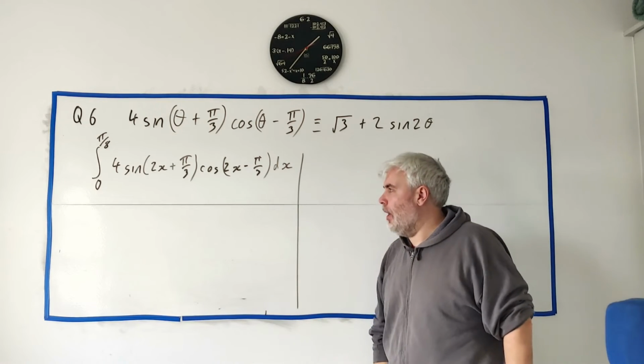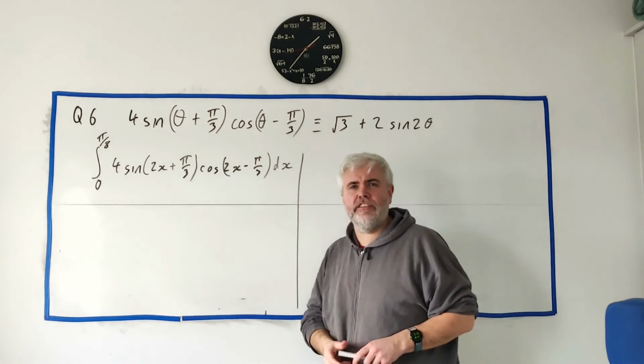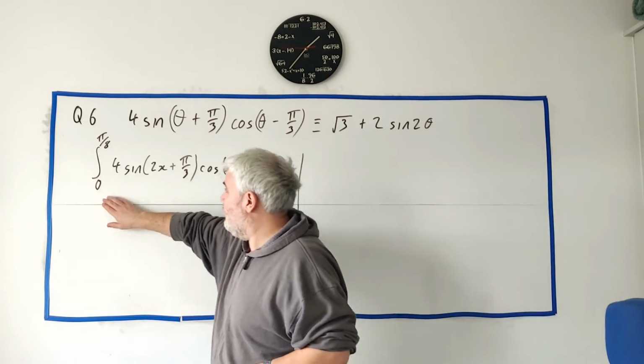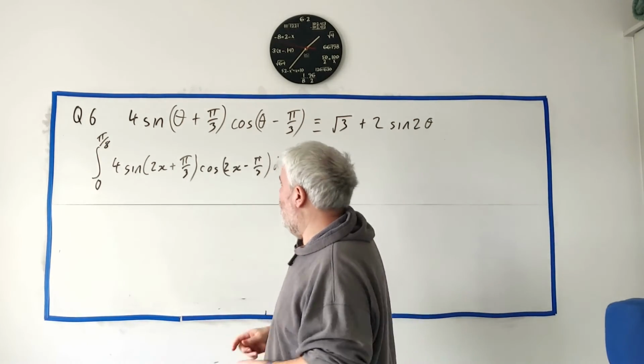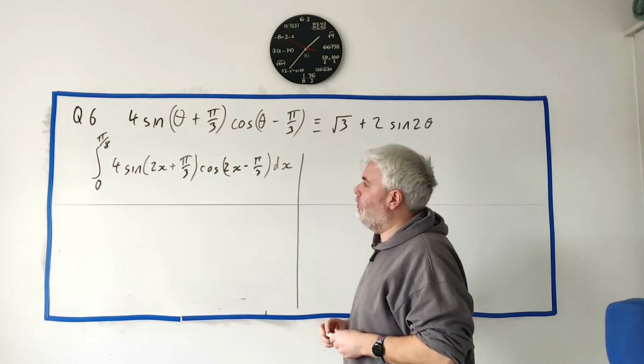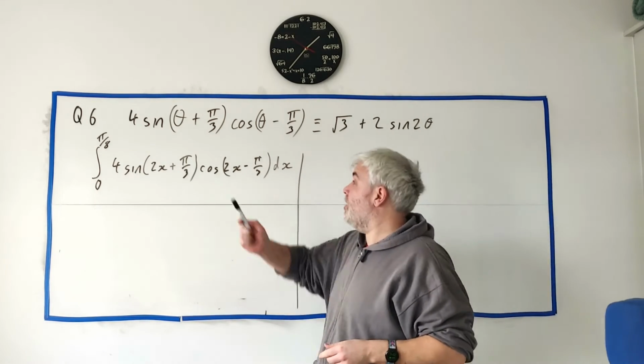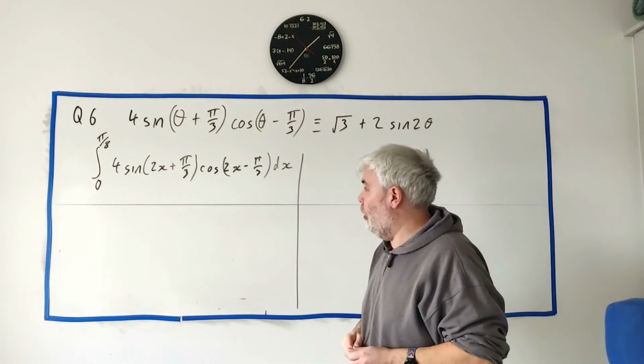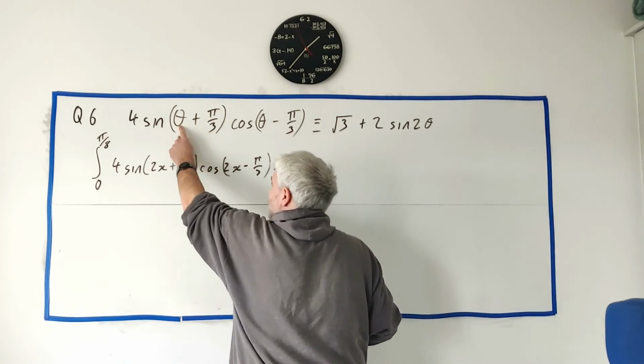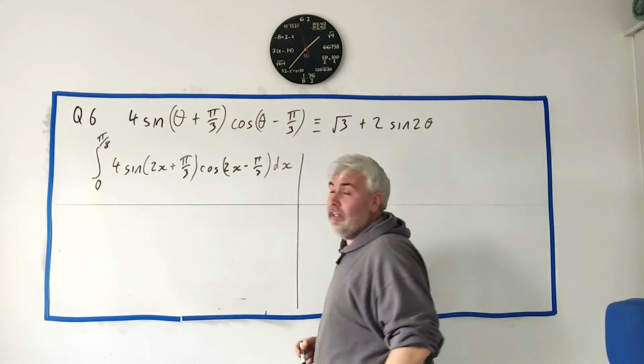Okay, in part C, they give us this integral, integrate between 0 and pi over 8 of this trigonometric function here that should look very similar to the one we've dealt with all along. Instead of theta, we have 2x. That's the only difference really.